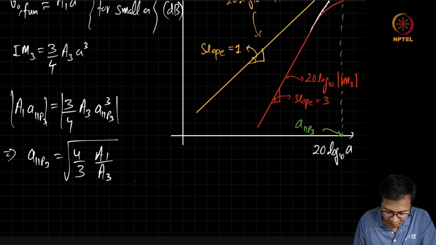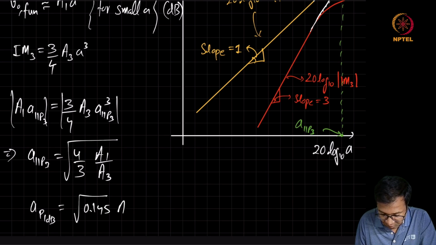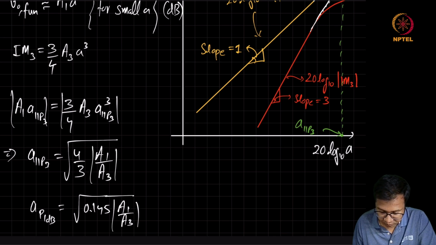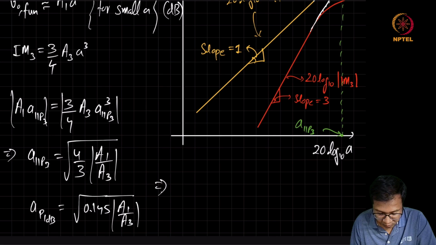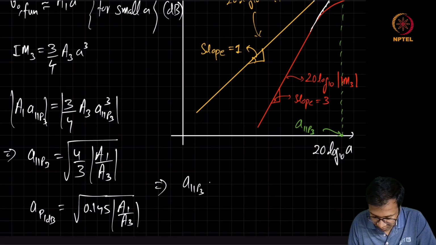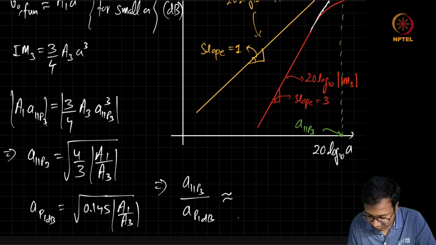If you remember, we had got the P1 dB as square root of 0.145 A1 by A3. So if we compare these two quantities, we'll see that this IIP3 with respect to the P1 dB is almost equal to 9.6 dB.